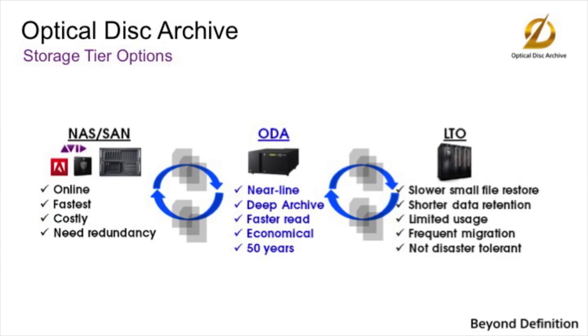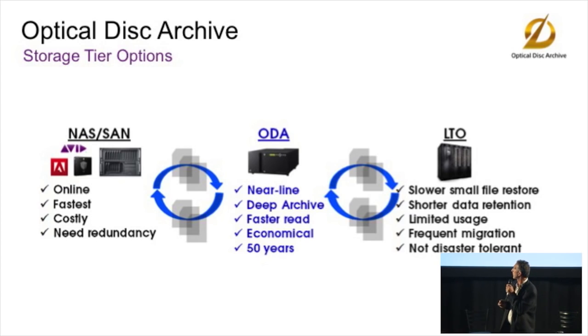This is a comparison of storage options that are available. On the left side, we have your NAS and SAN, and of course, these are your online editorial collaboration. This is where you have a number of concurrent users accessing the storage, and of course, it's more costly and needs redundancy.